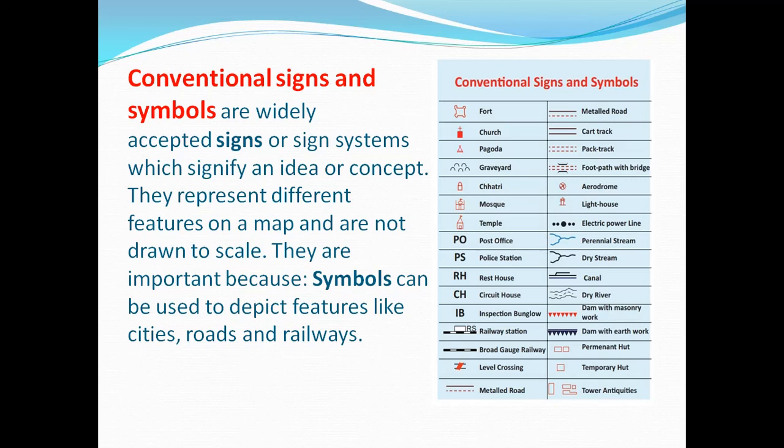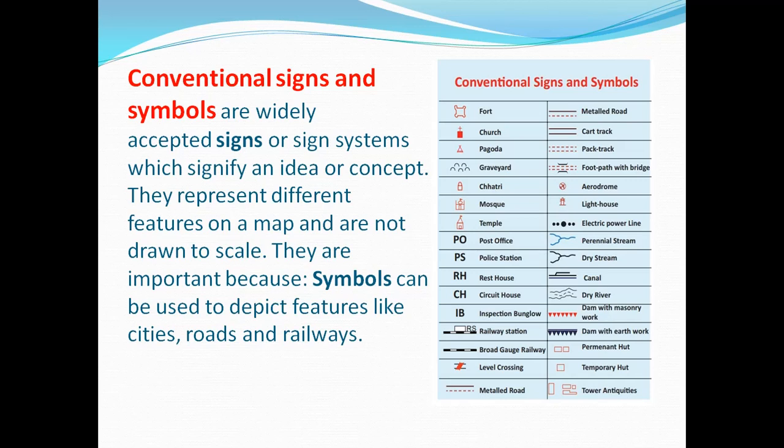Another one is conventional signs and symbols. Conventional signs and symbols are widely accepted signs. They are used in maps and different sketches and diagrams. It is a widely accepted sign system which signifies an idea or concept.